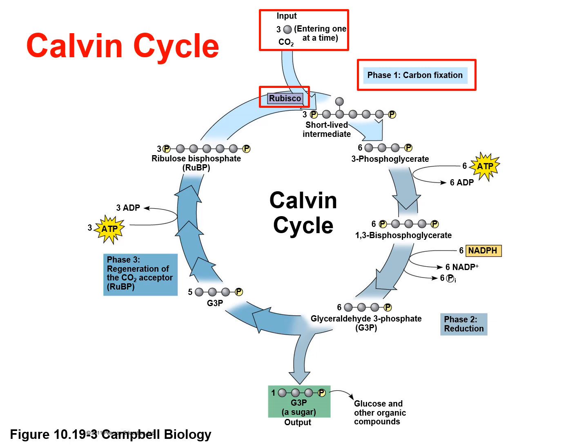Okay, so important things to know about the Calvin cycle. We're going to be fixing carbon dioxide, and that just means that you're going to make it part of an organic molecule.